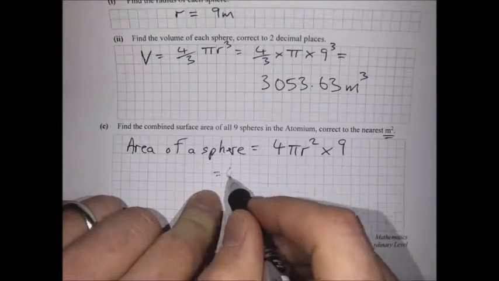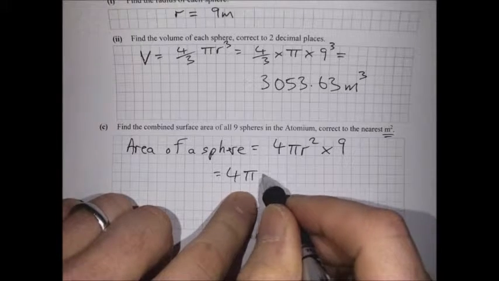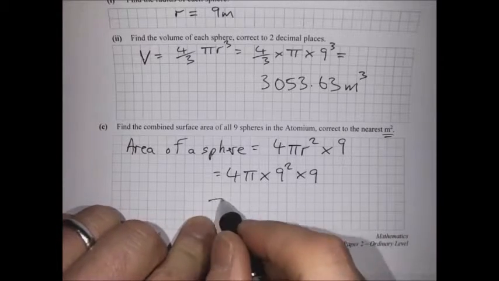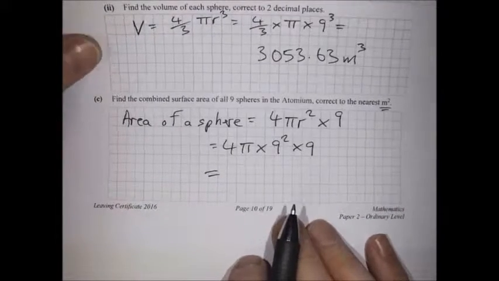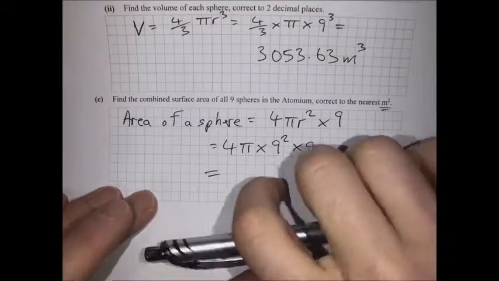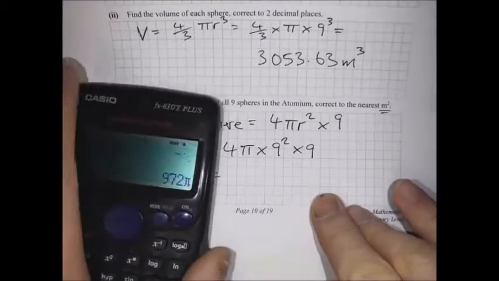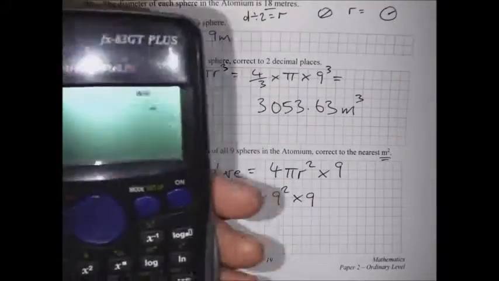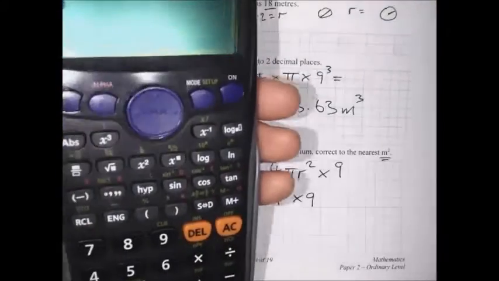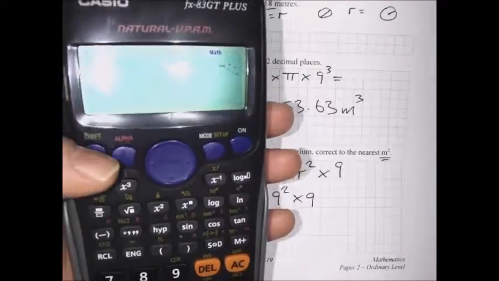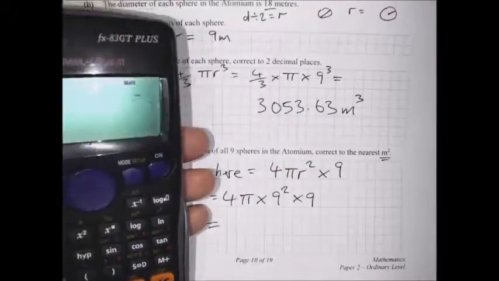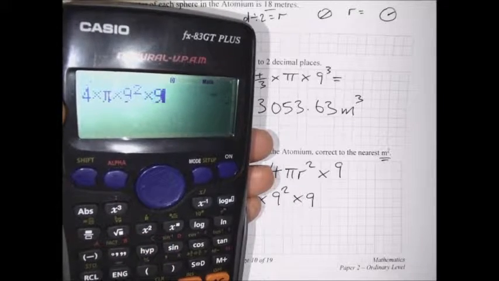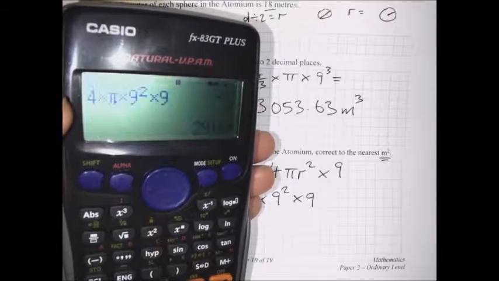And we'll just plug it in, we had 9 there, 4 pi times 9 squared times 9. Bang that all into the calculator, and we'll get an answer for our, what are we looking for again? Area. So 4 multiplied by shift pi multiplied by 9 squared multiplied by 9 again because we have 9 of them, first equals.